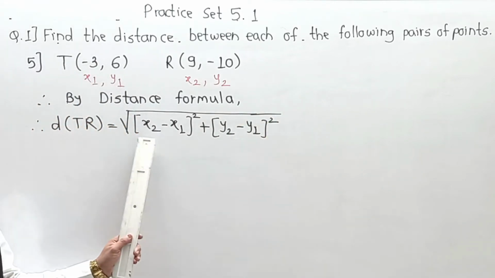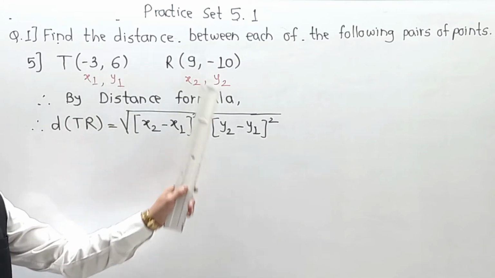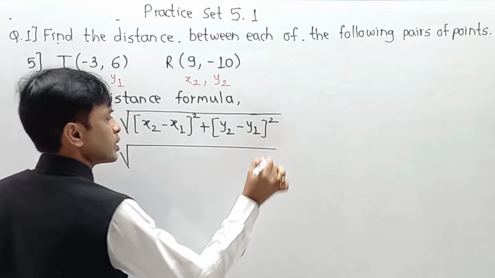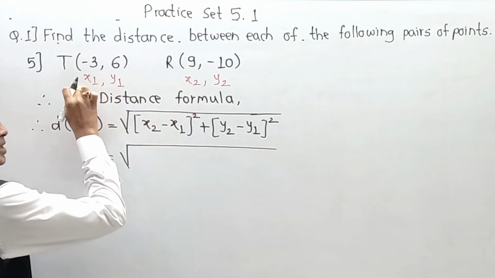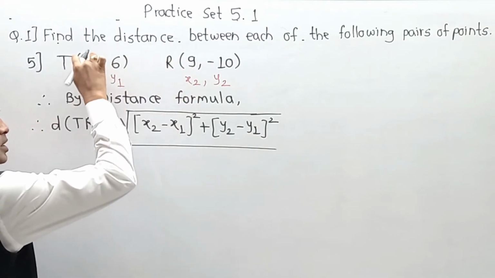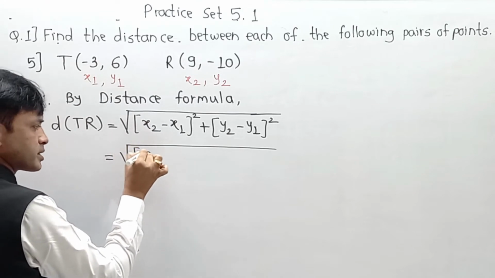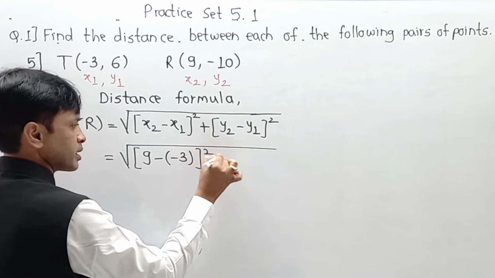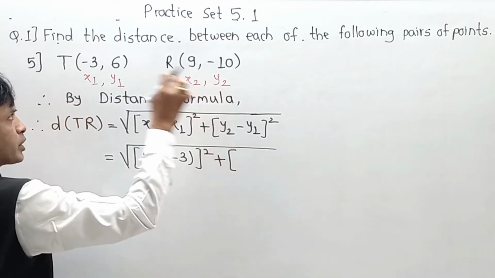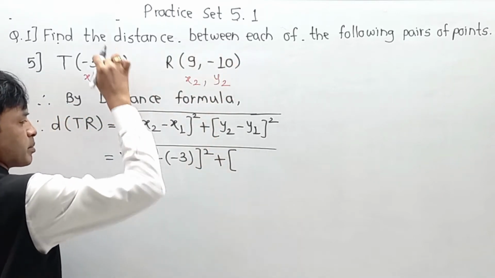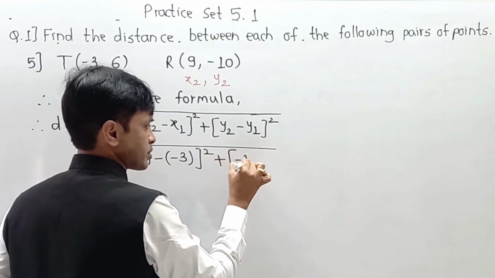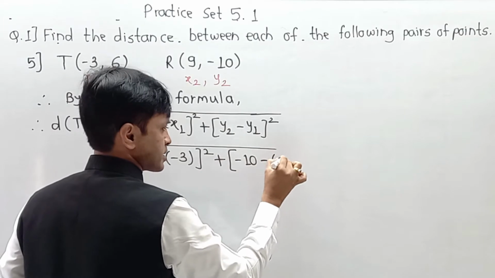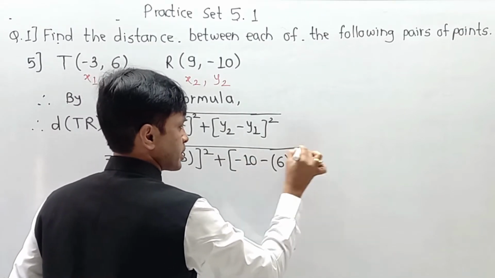After that, we are going to apply the distance formula for the calculation of values. It is equal to under root of (x2 minus x1) bracket square, means 9 minus of minus 3 bracket square, plus (y2 minus y1), means minus 10 minus 6 bracket square.